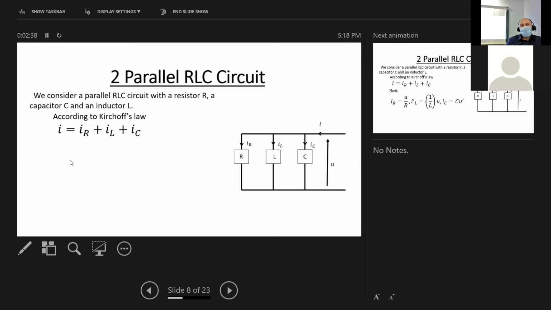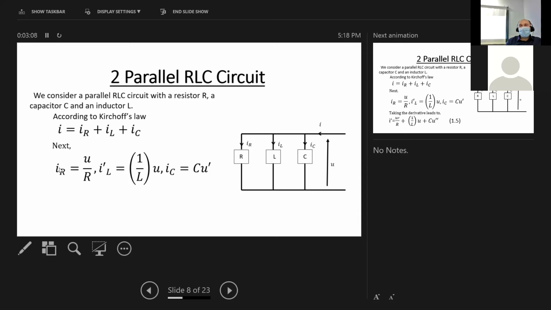All right, now each of these components has its own equation with respect to U, and it writes like that. So the current here, which goes through the resistor, is given by Ohm's law.